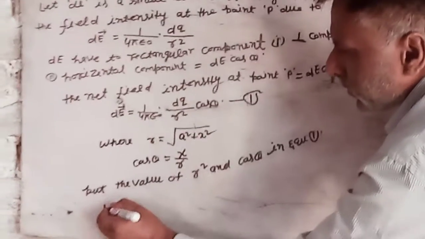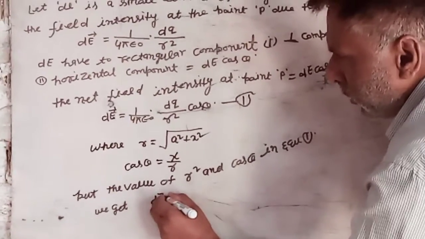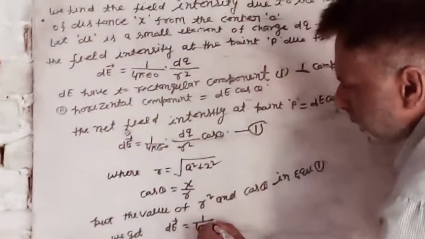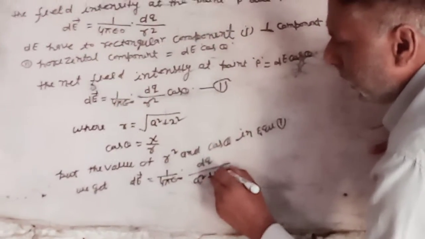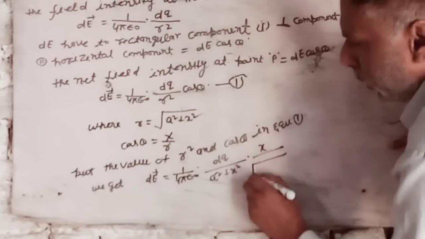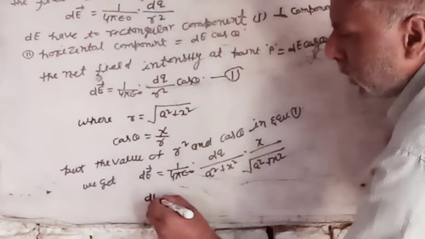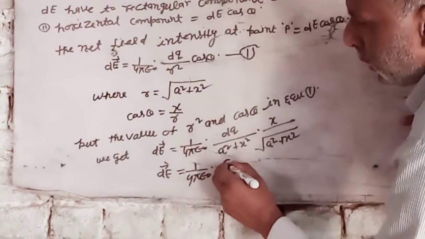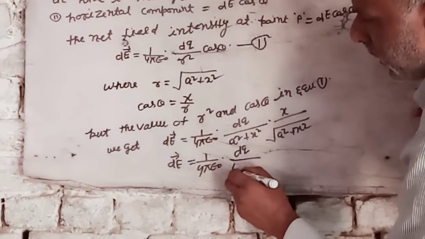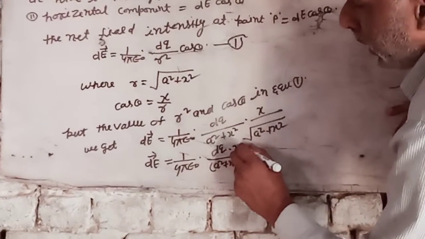We get vector dE is equal to 1 upon 4 pi epsilon 0 dq upon a square plus x square into x upon under root a square plus x square. Or vector dE is equal to 1 upon 4 pi epsilon naught dq by a square plus x square power 3 by 2 into x.